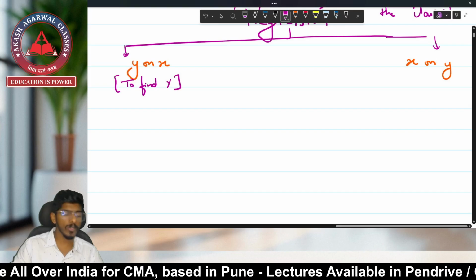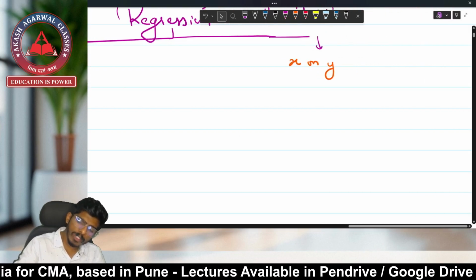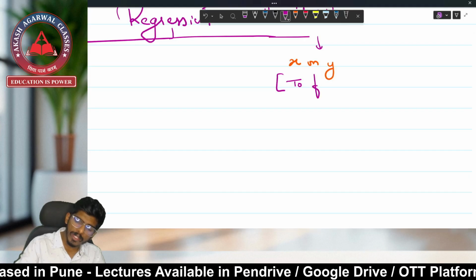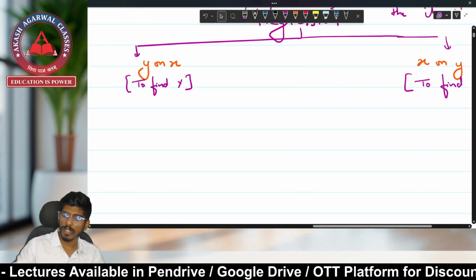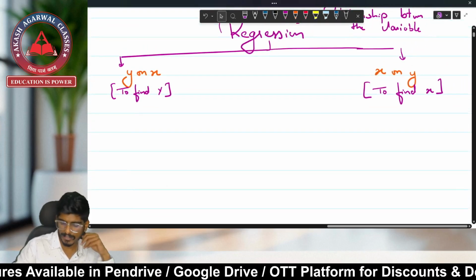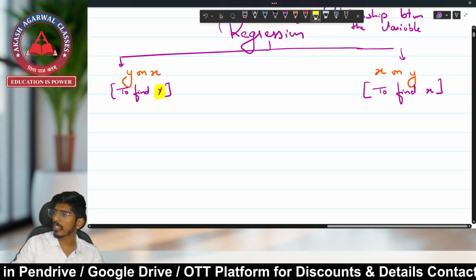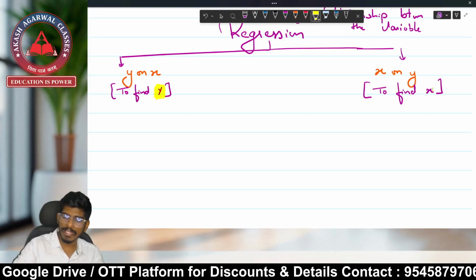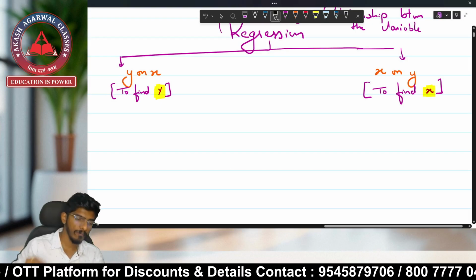If I want to find x, I am going to use x on y. So if I want to find y, the equation that I will be using is y on x. If I want to find x, the equation that I am going to use is x on y.